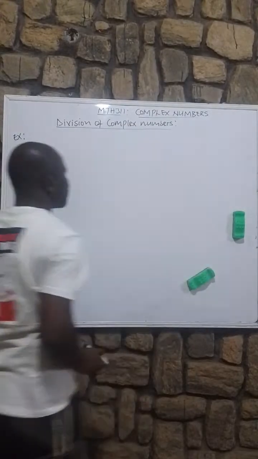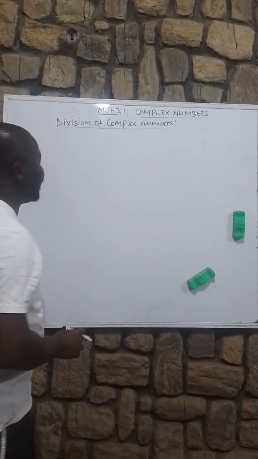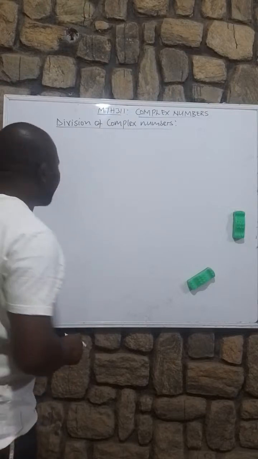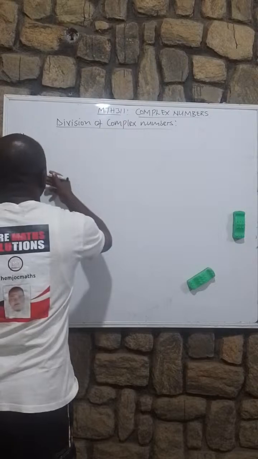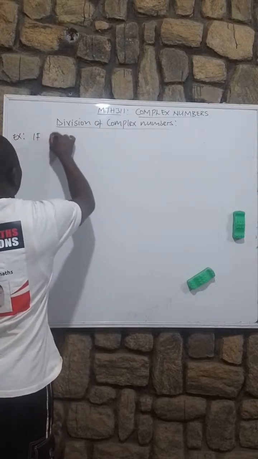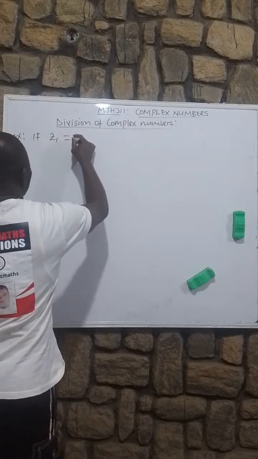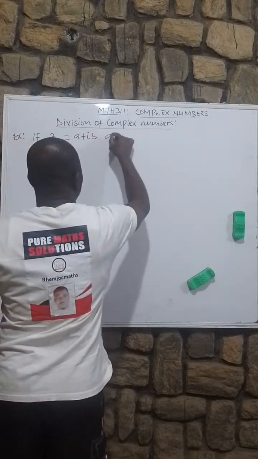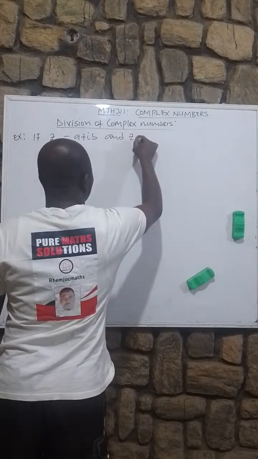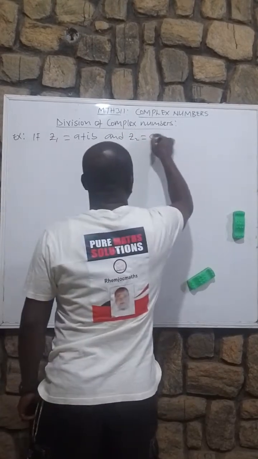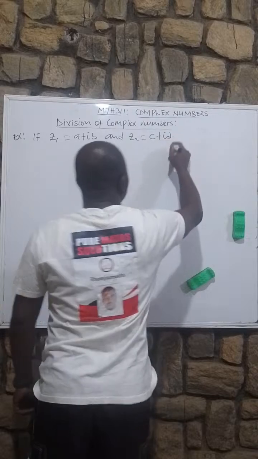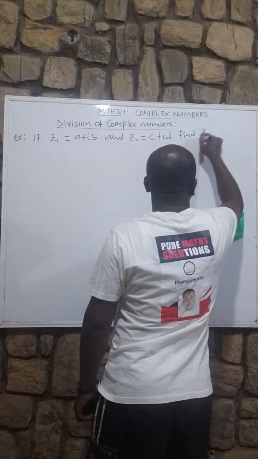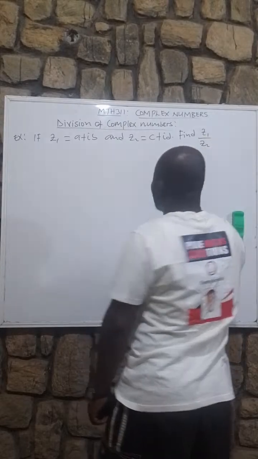So what we need to do here is we are going to consider an example so that you always find it easy. So let's look at one example. If Z1 is equal to a plus ib and Z2 is equal to c plus id, and it says find Z1 all over Z2.